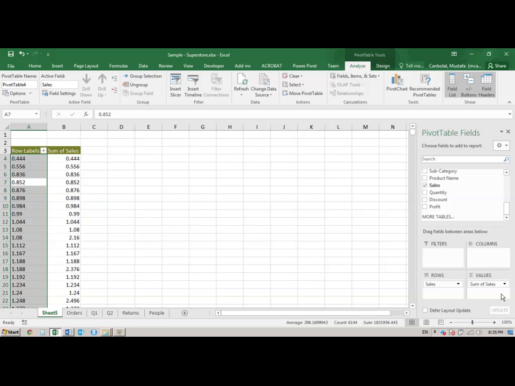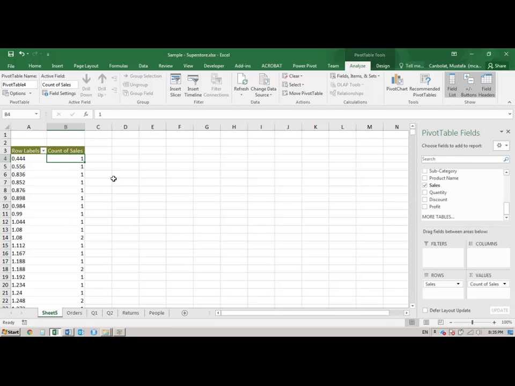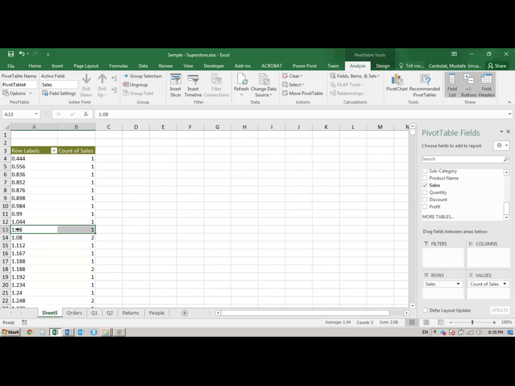But instead of the sum of sales, I'm going to count them. So all of these happened only once, but 108 here, and there's 108, and there's 108. I see, so it happens 2 times, and it counts them there as 2 times.